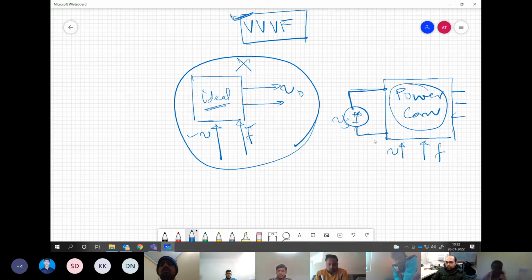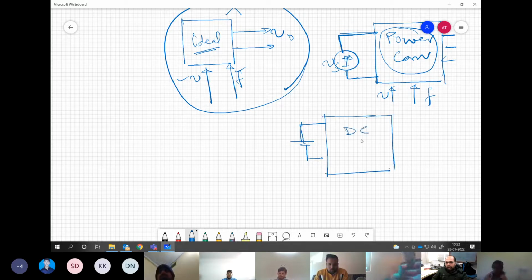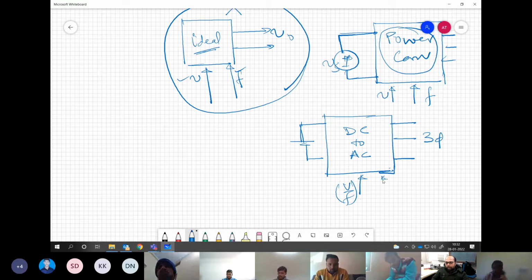So then, the first very popular and very simple thing to do is that you have a DC input voltage. Somehow you maintain a DC input voltage, and then in between you have something called a DC to AC power converter, and it will generate the three-phase balanced output power based on your requirement. If you want to maintain V by F and you give the command for frequency, it will generate voltage and frequency like that.